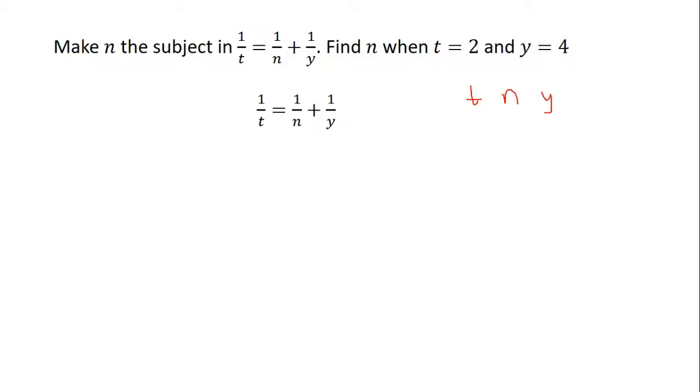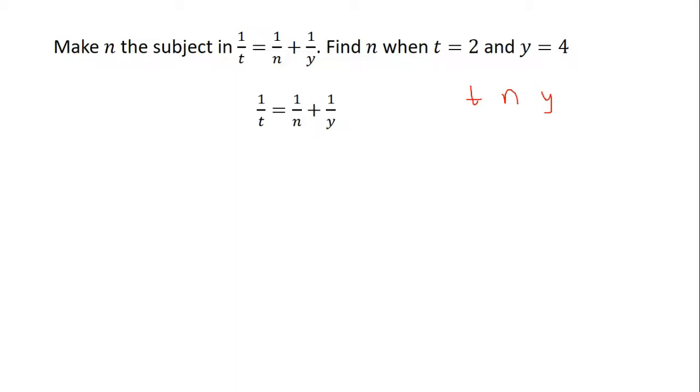Then you find the LCM of the denominators. But we said that when you have variables as the denominators, multiply the variables and use them as the LCM.